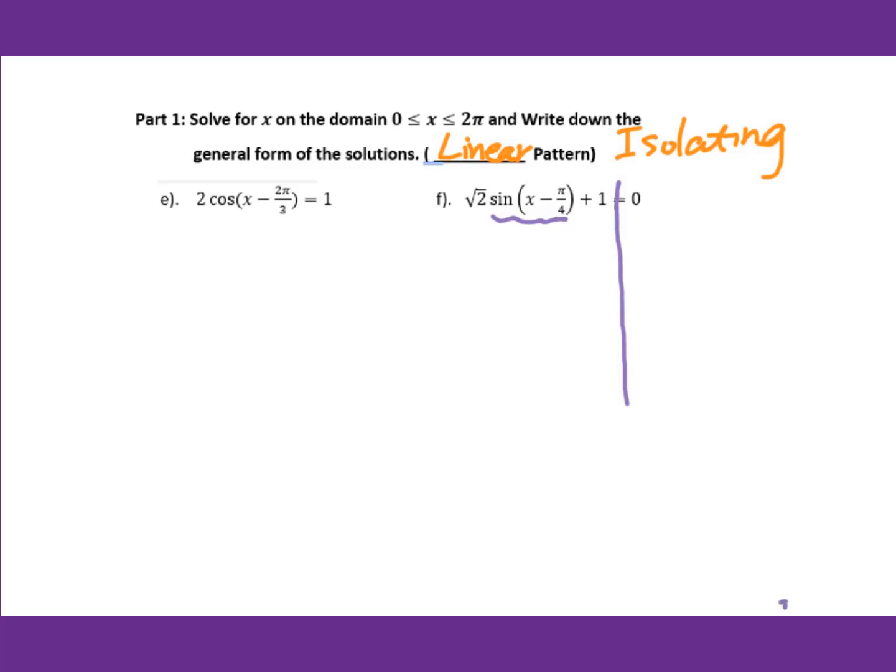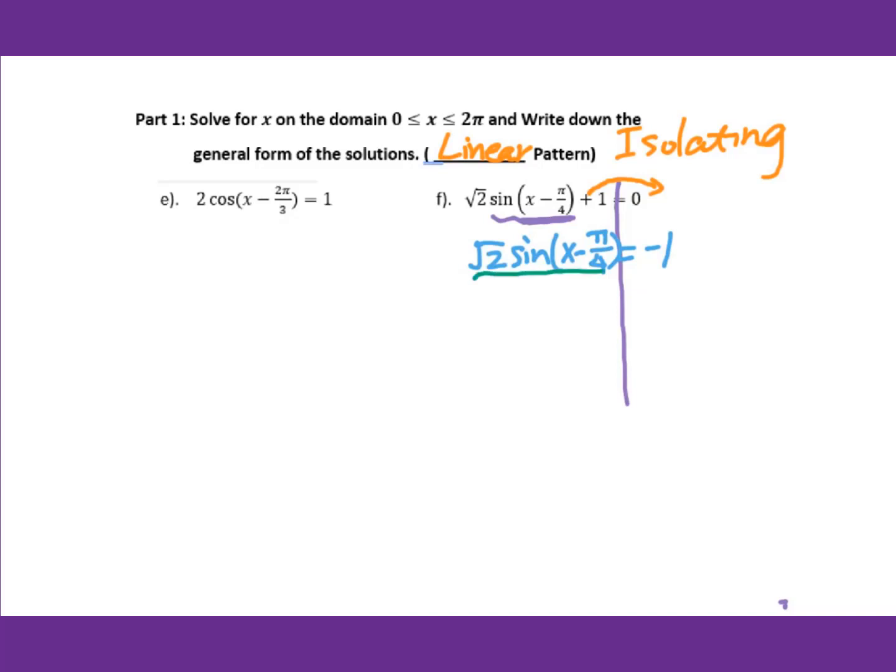You have to keep it like this. We minus 1 from both sides. That means we cross positive 1 to the right side and change sign. Therefore, we got square root of 2 sine x minus pi over 4 equals -1.